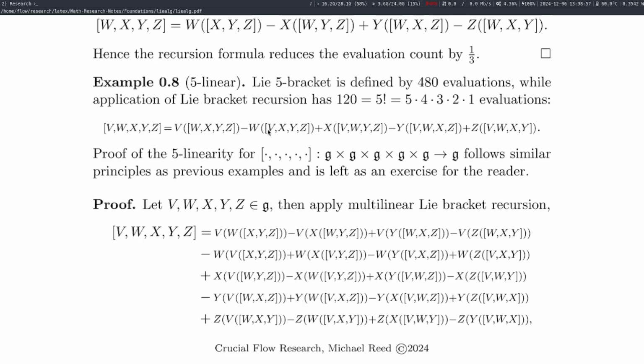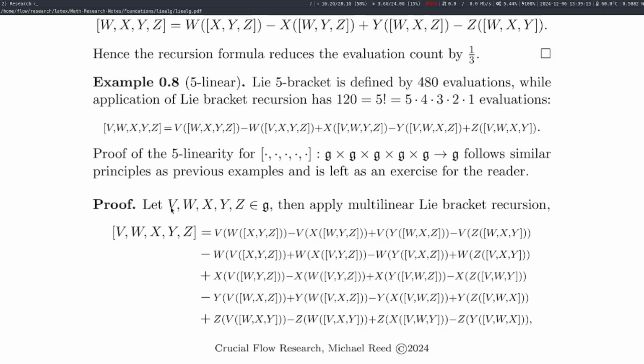So that's very nice. Let's actually dive into proving this recursion formula for the 5 linear case, just to expand it out and see how it expands out.